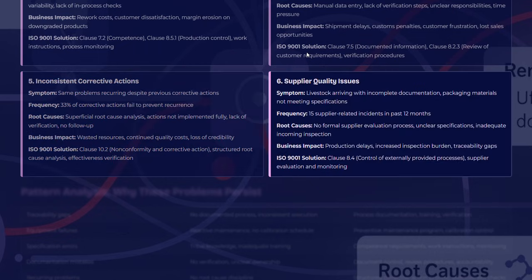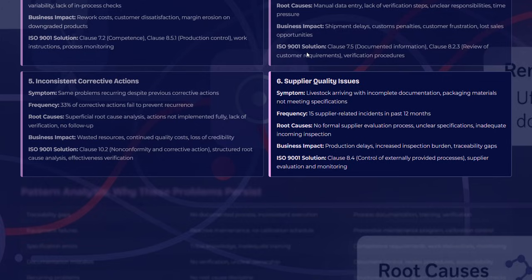We have our sixth problem here currently with our organization, supplier quality issues. The obvious symptoms: livestock arriving with incomplete documentation, packing materials not meeting specifications. How many times? 15 supplier-related incidents in the past 12 months. What's the root cause here?